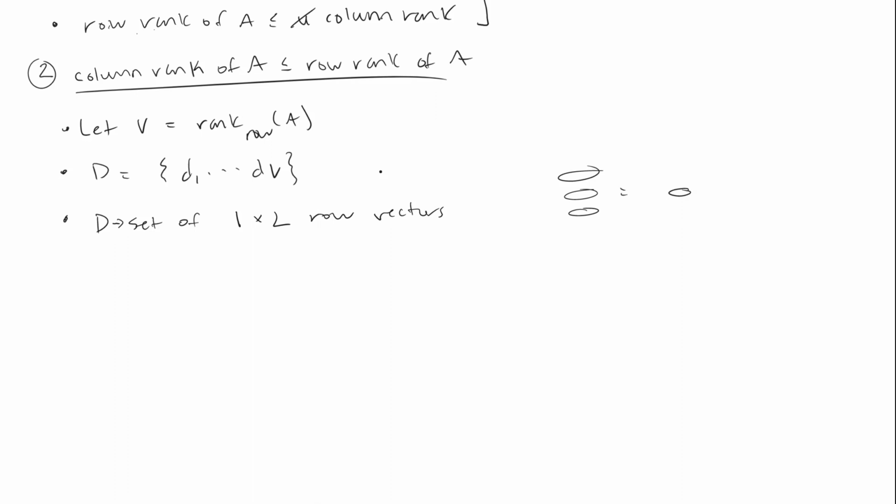And we're saying that the space spanned by the rows of A, all the row vectors created by all the linear combinations of A's rows, has a basis that is a set of basis vectors which are row vectors. So hopefully that makes sense. And so we can say that D is a V by L matrix of row vectors, which are a basis for the row space of A.